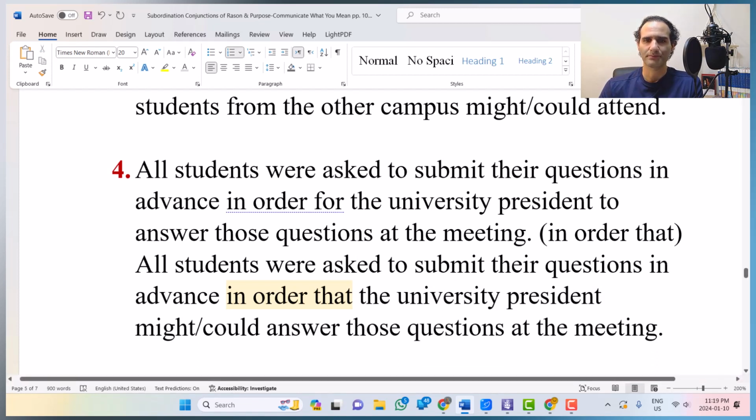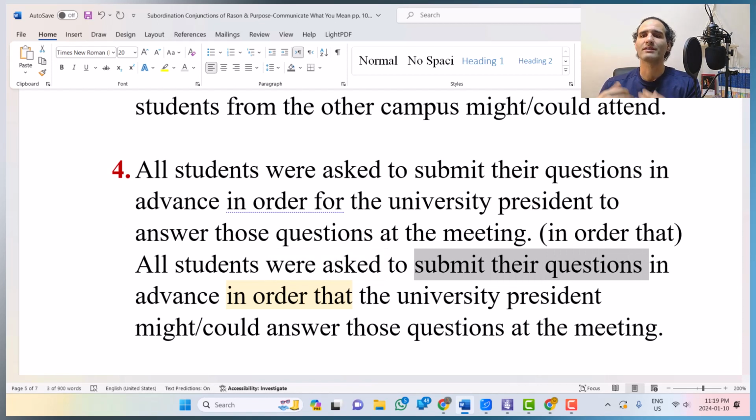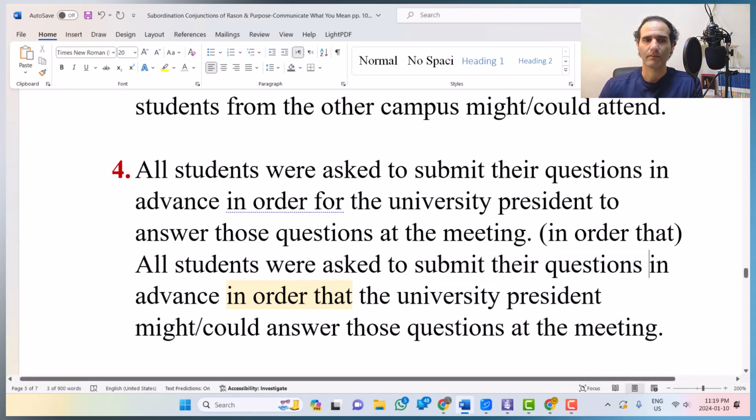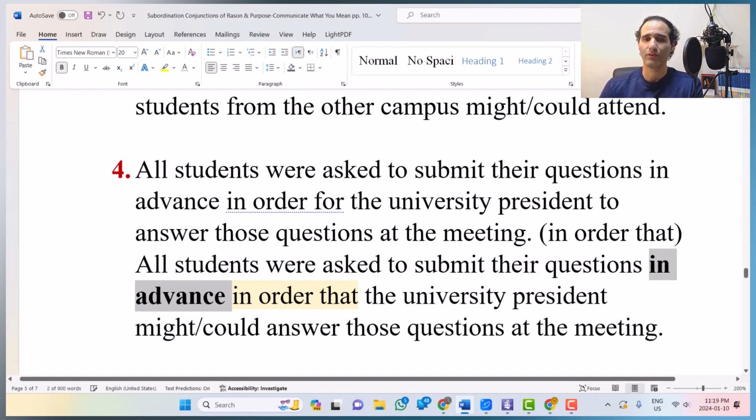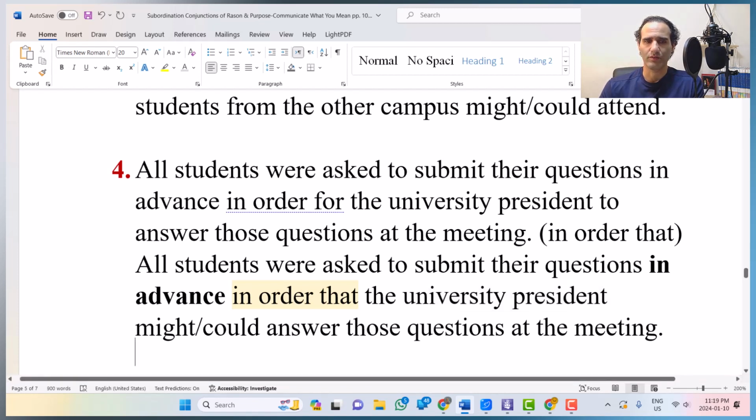It says all students were asked, passive to be PP, submit their questions, hand in, give, present, in advance, beforehand, in order that the university president, so head of the university is called university president or university chancellor. Okay, so these are the points in this one.